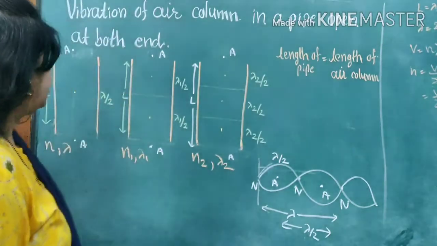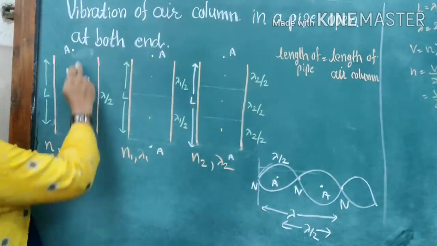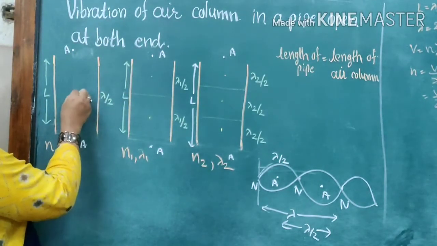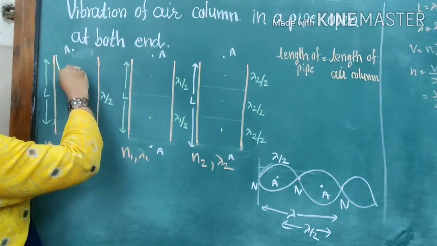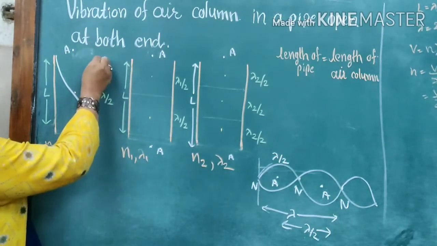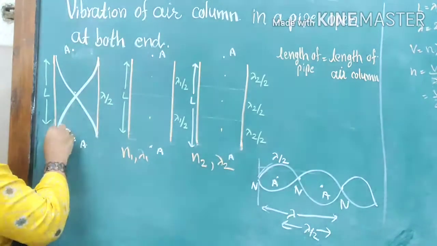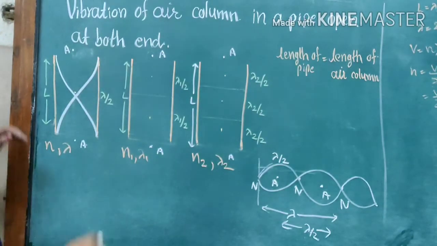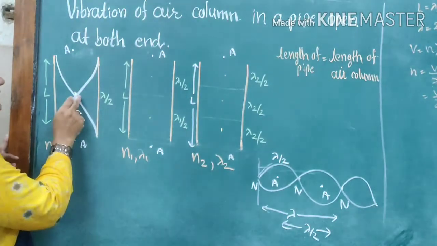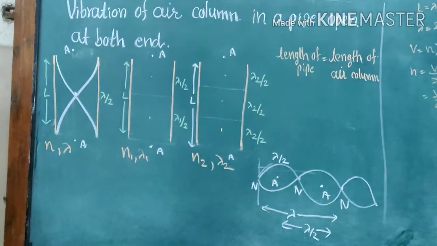Next, when the antinodes are situated, give one dot and then draw the diagram for the stationary wave. The distance between this part remains constant, so give one dot at the center of this pipe.